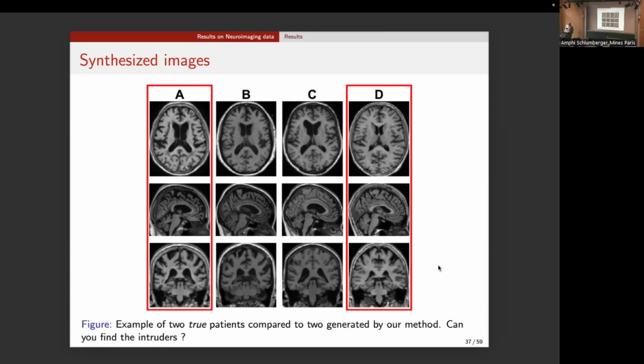We had a test producing 50 fake and 50 true, mixing them together, and we had 3 anesthetists who were trying to say who was who. I was happy that they were actually failing half of the time. They would disagree on the ones that they thought would be fake. Even if they said this one is fake, their colleague would say, no, this one is true. So actually no medical doctor could make a difference between the true and the fakes. That was a good point.